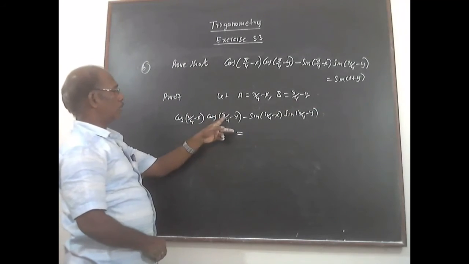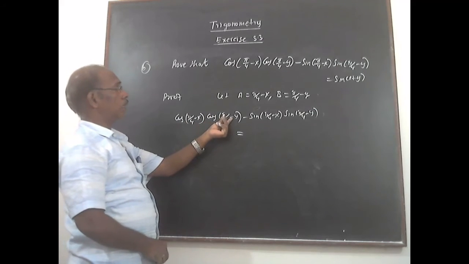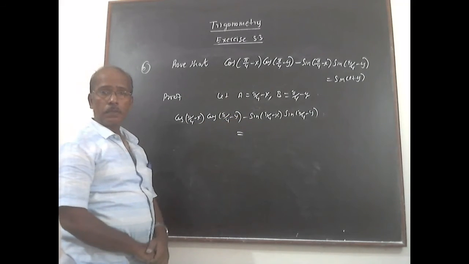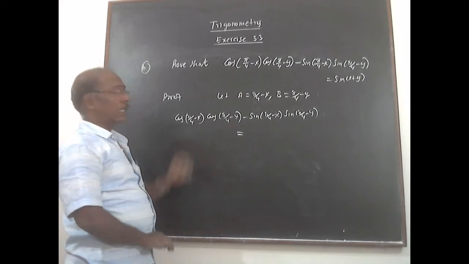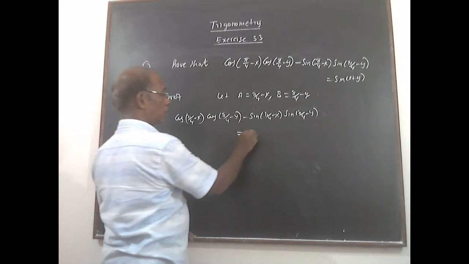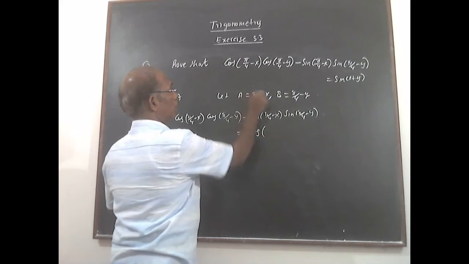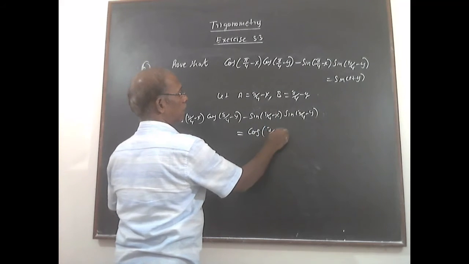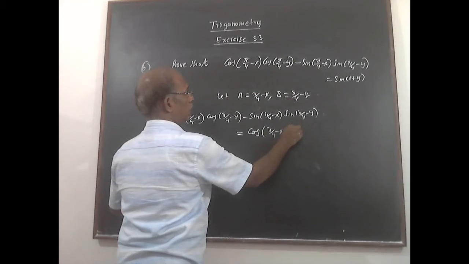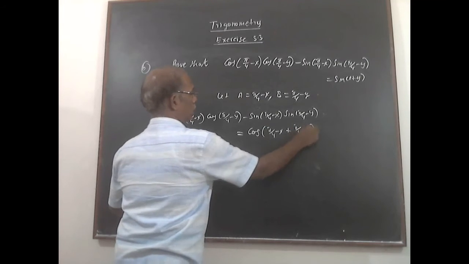That is cos A cos B minus sin A sin B. Which formula? That is cos of A plus B. Cos of A, that is pi by 4 minus x, and B, pi by 4 minus y.